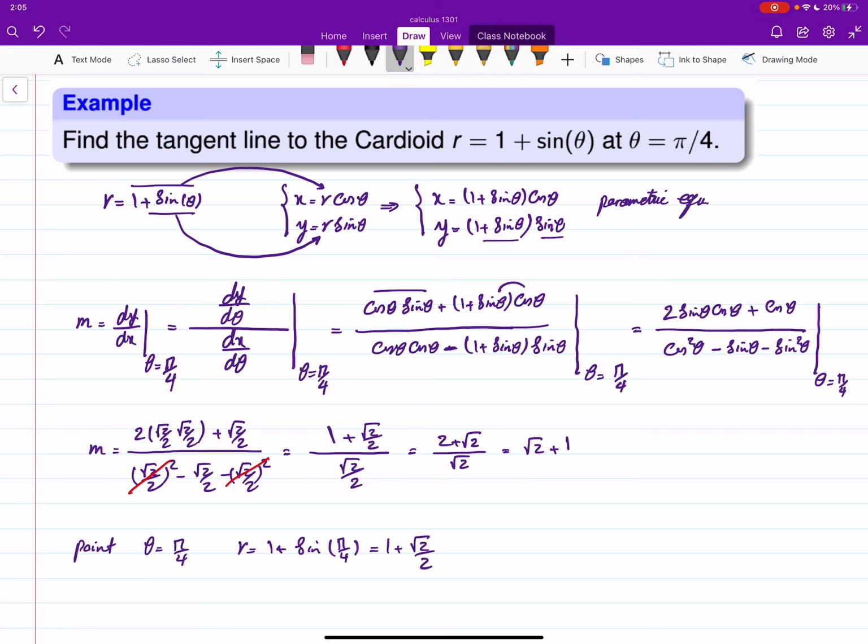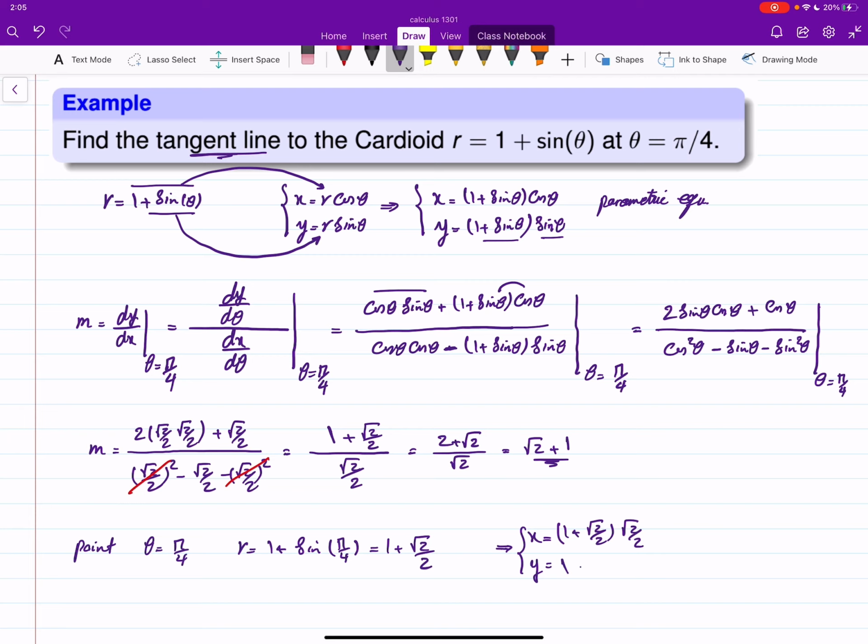And actually, since I am going to write the tangent line in Cartesian coordinates, I need to find what x is and what y is. And this tells me that x is 1 plus root 2 over 2 times root 2 over 2.